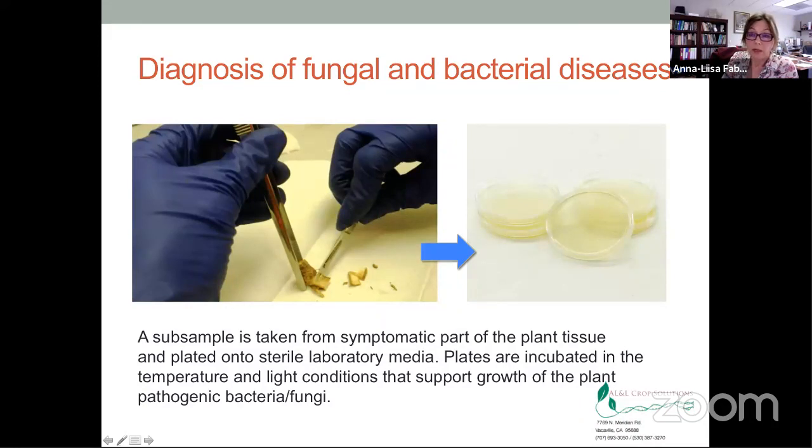But what we do in general, when a plant arrives for disease diagnosis in our laboratory, is take symptomatic parts and take subsamples aseptically. We first surface sterilize the specimen, of course, and then, with a sterile scalpel and tools that we sterilize first, take some subsamples that we transfer onto growth media.